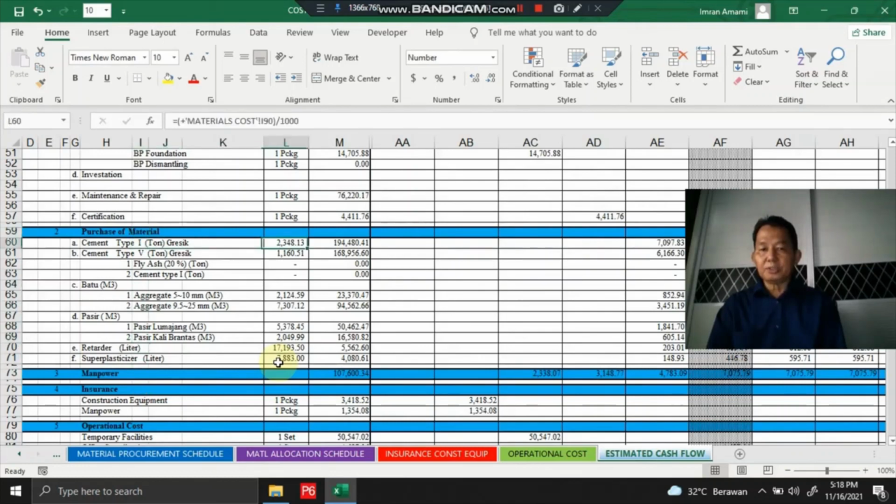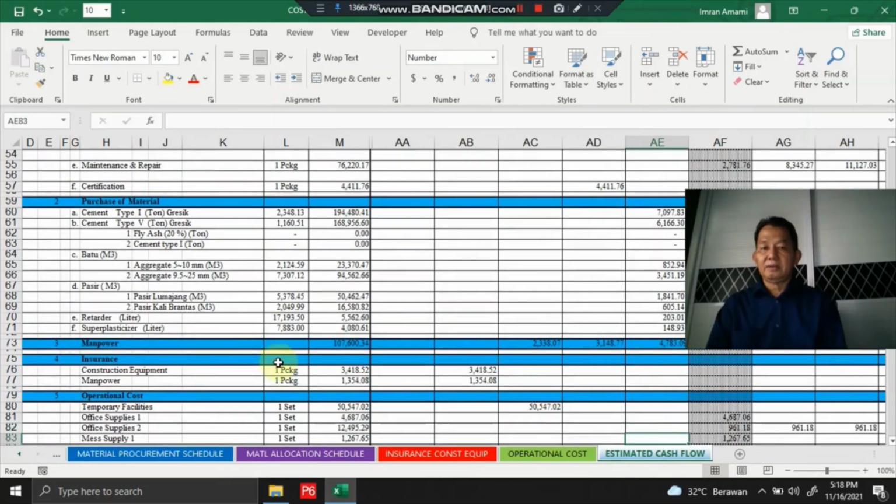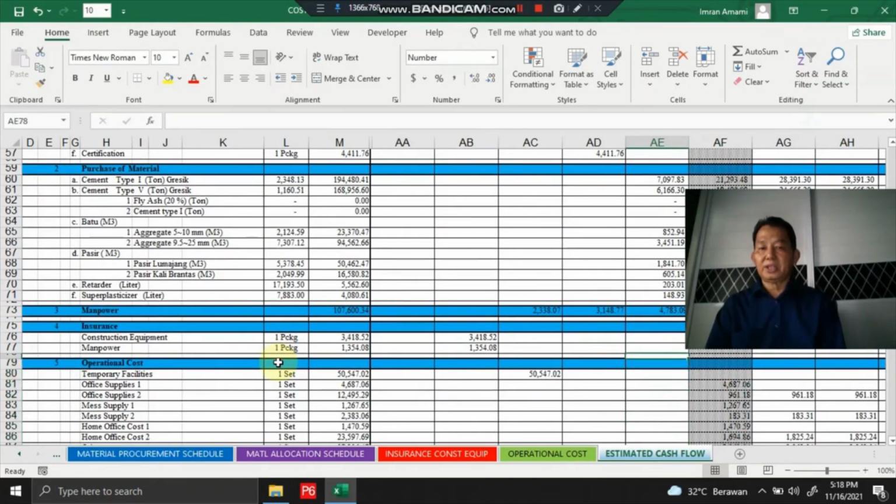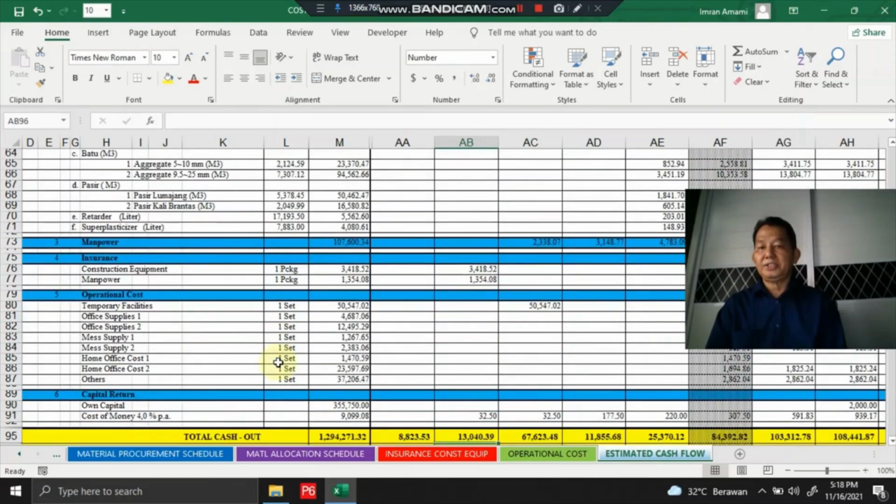And this is purchase material. As I said previously, it should be allocated 1 month before the first month of concrete supply. And this is the construction equipment insurance, which we allocate 4 months before the first month of concrete supply, and then the temporary facility, which we allocate 3 months earlier.